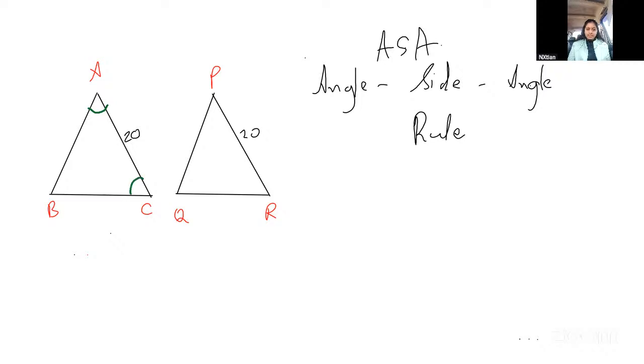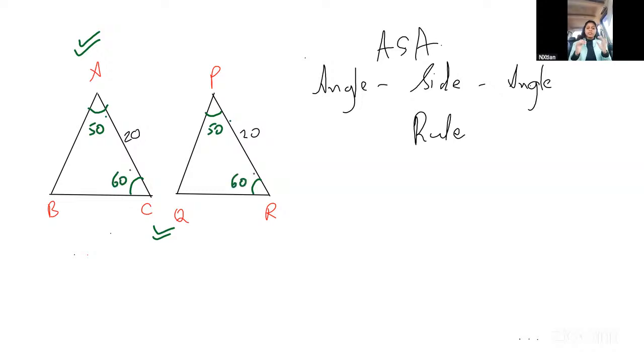AC is coming between this angle and this angle, and PR is coming between angle P and angle R. If angle A is 50 degrees, angle P also has to be 50. And angle C is 60, so R will also be 60.